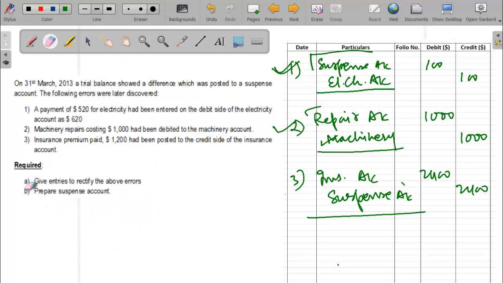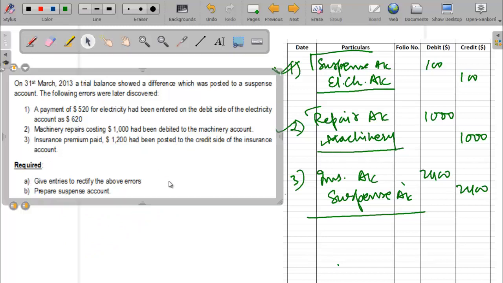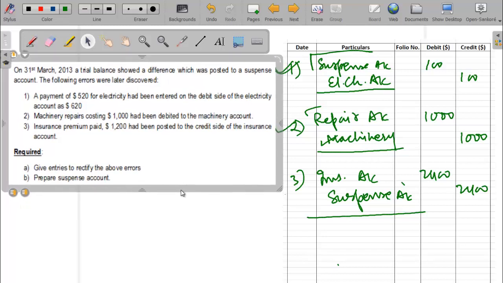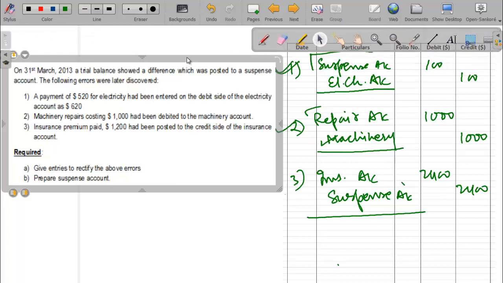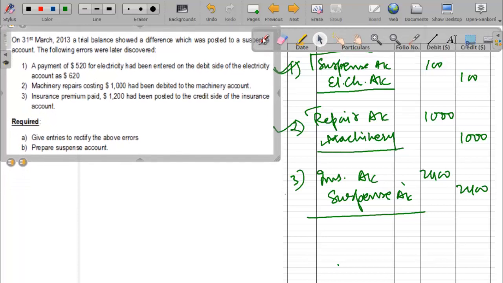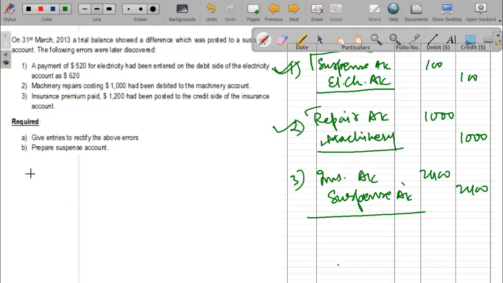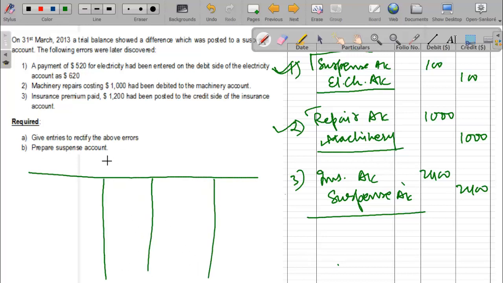Now we have to prepare the suspense account. See how I will prepare it. I will open the suspense account.